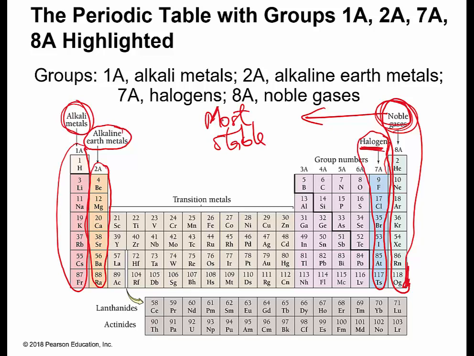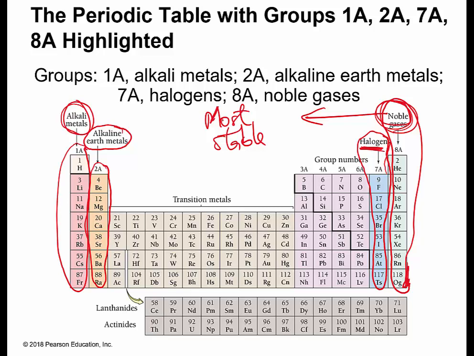And because of that, all the other main group elements will try to be like them. Let me repeat. All the other main group elements, group 1A, 2A, 3A, 4A, 5A, 6A, 7A, want to be like group 8A elements.